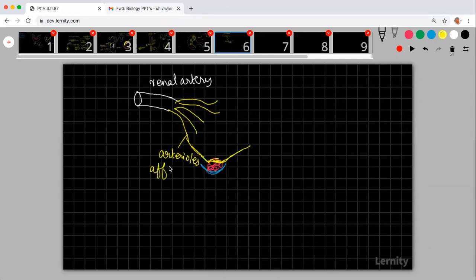This is afferent and this is efferent. When it goes here, it will further branch out into small capillaries, which we call the peritubular network.